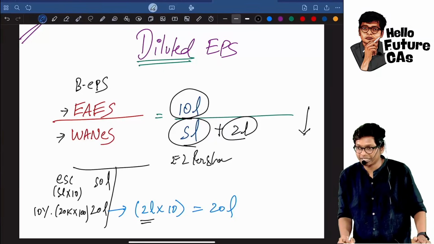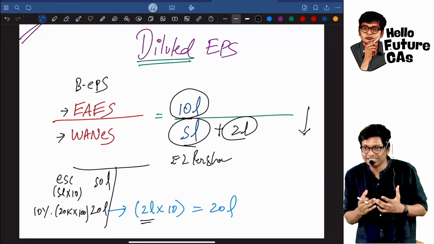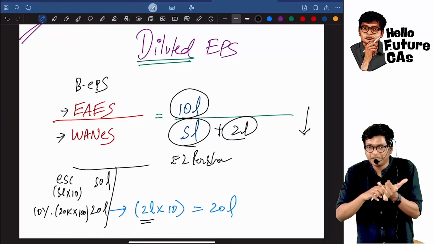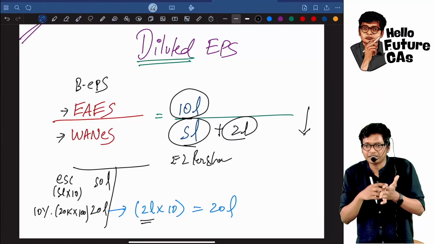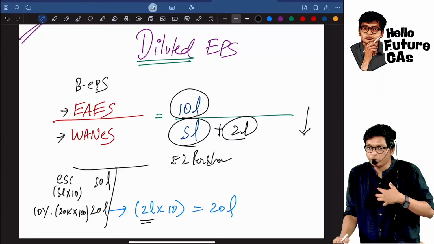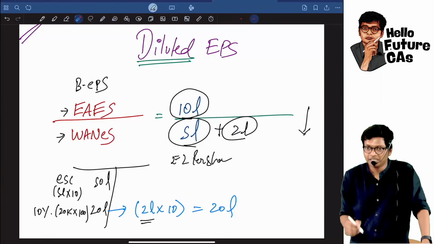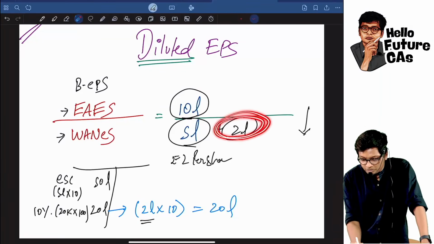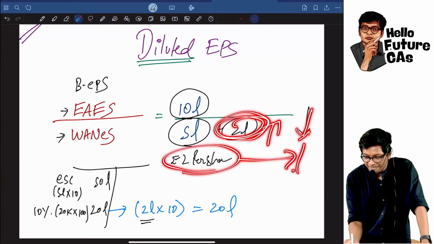Are you following, guys? So diluted EPS says in the future where certain things are certain, like convertible debentures, where debentures are converted to shares, convertible preference shares, where preference shares are converted to equity shares, or stock options, where employee stock options are converted to shares, you know the denominator is going to increase, because of which your EPS from 2 may decline even further.